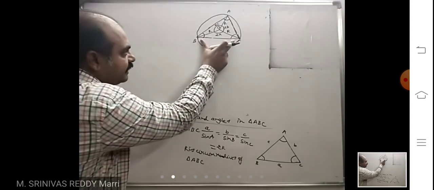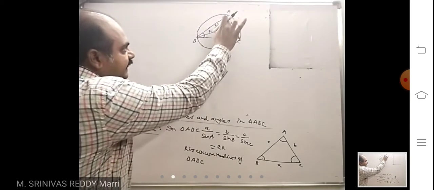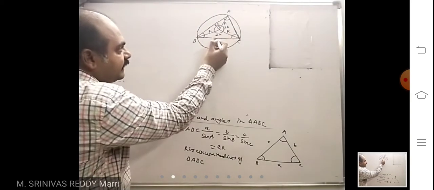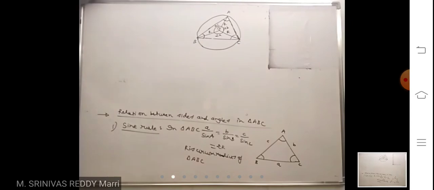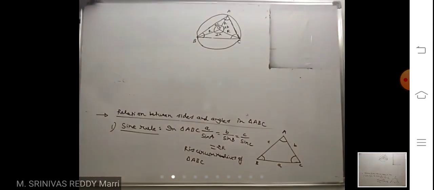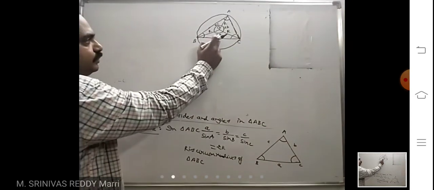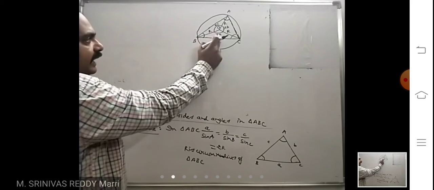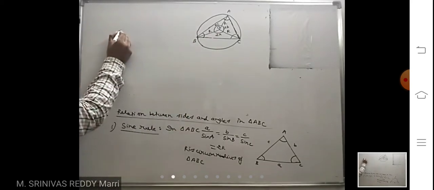Remember this point, you will come across it in problems quite often, right? If there is a chord BC and it subtends an angle A here, it subtends an angle 2A at the center of the circle. That is the theorem. So therefore this is 2A. Now I am drawing the triangle here.